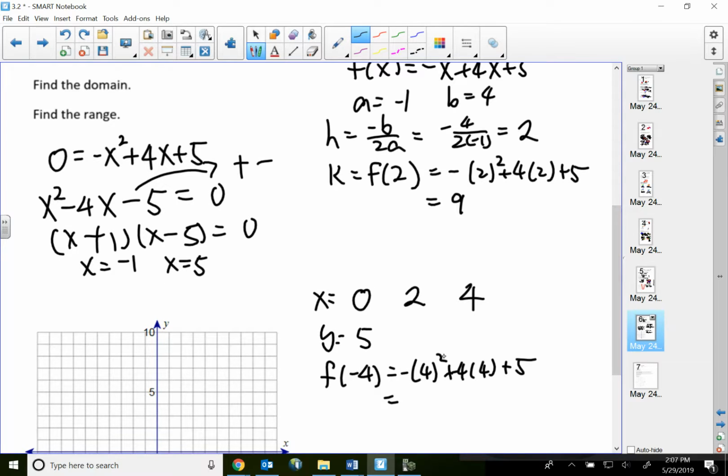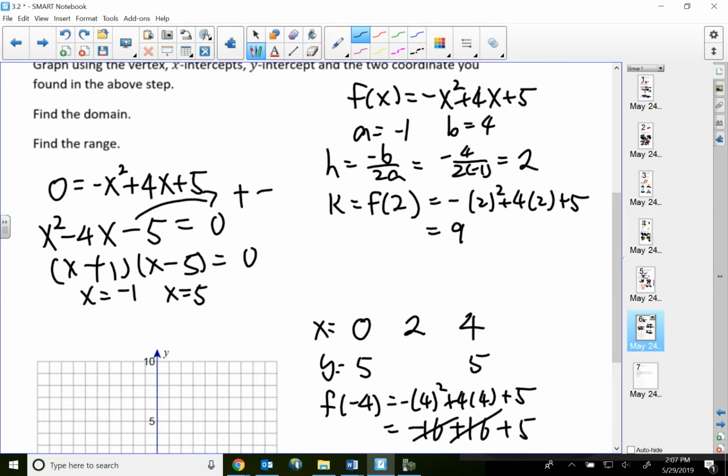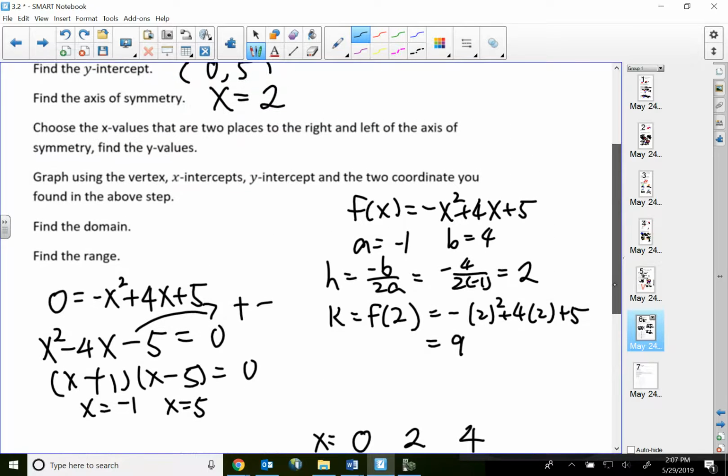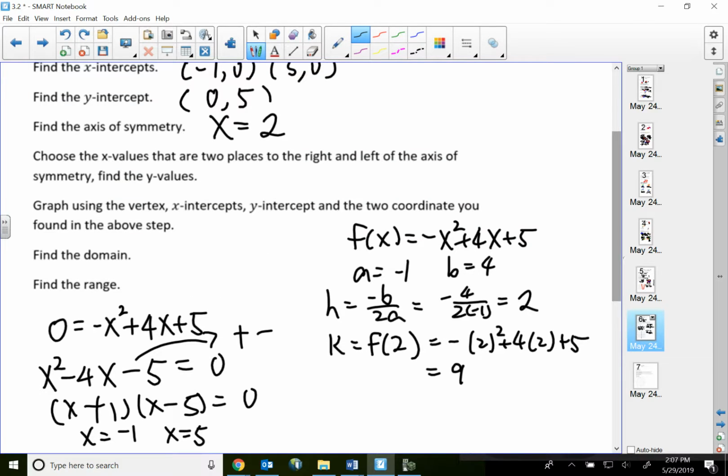Okay, 4 squared is 16. 16 times -1 is -16. Positive 4 times 4 is +16 plus 5. So the 16s cancel out. My y value again is 5. That's the reason why I already know ahead of time this y value will be 5 as well, since I know my parabola is symmetric, so these two y values got to be the same. All right, so the 2 points are 0, 5 and 4, 5.